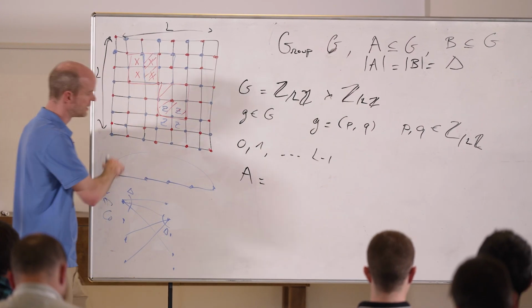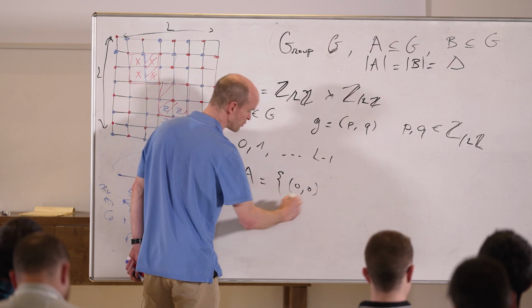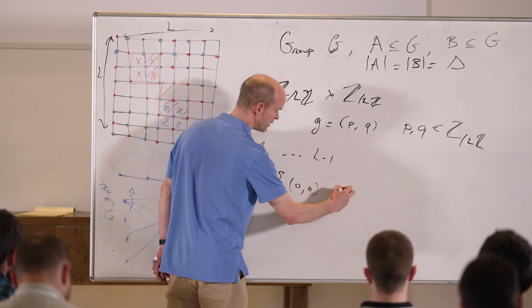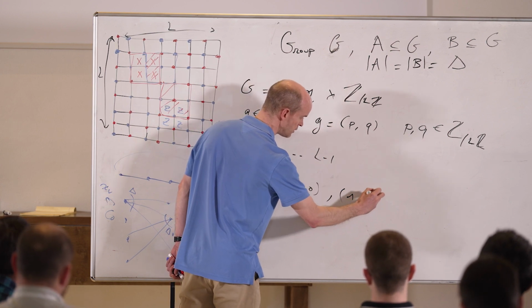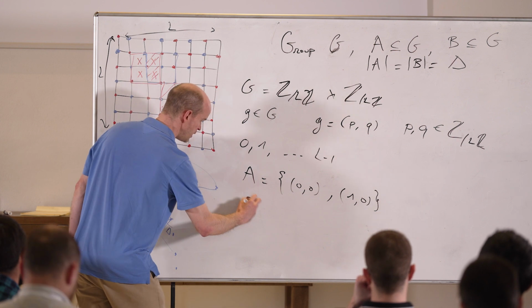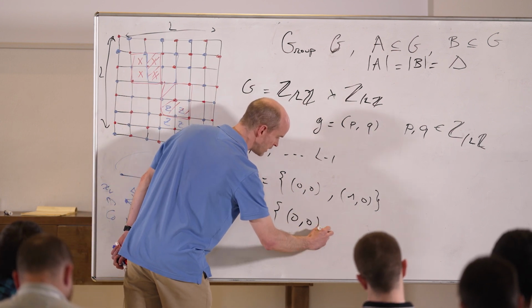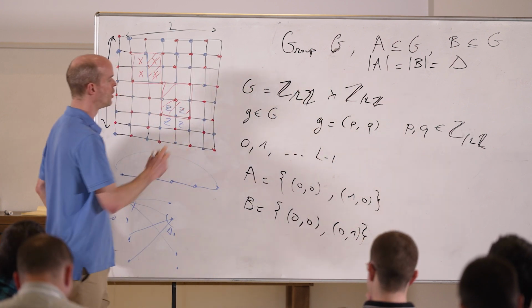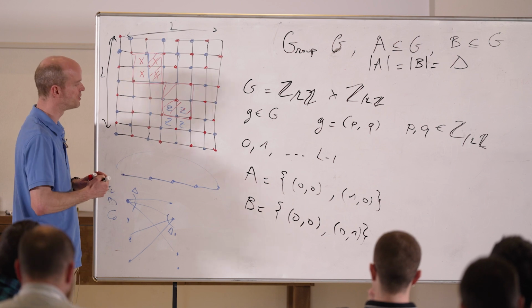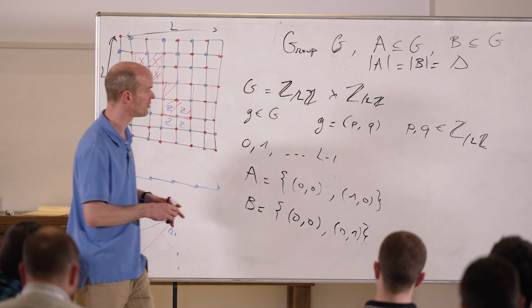A would be (0, 0) and (1, 0), and B would be (0, 0) and (0, 1). I need to explain how we get things from this, but this is an example.